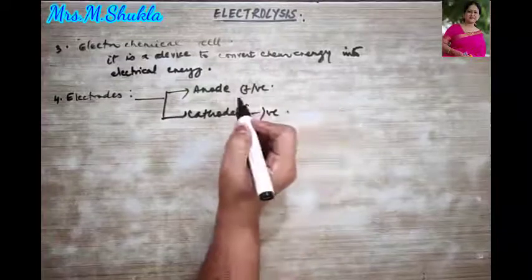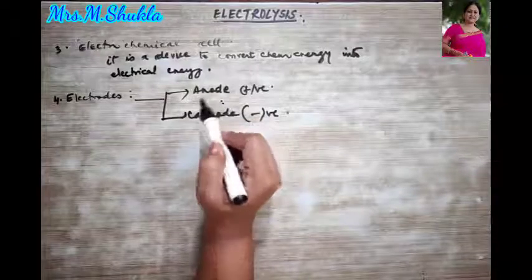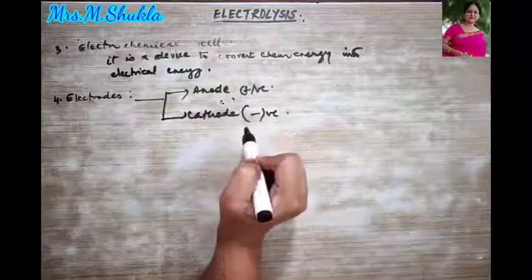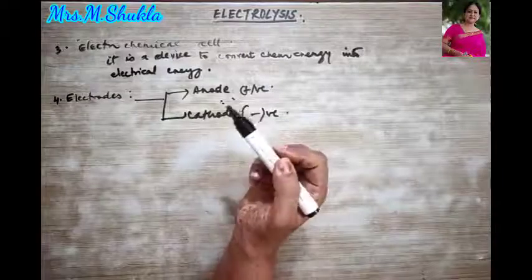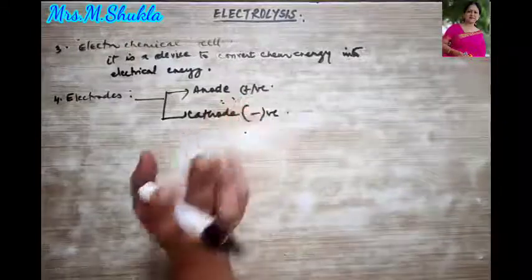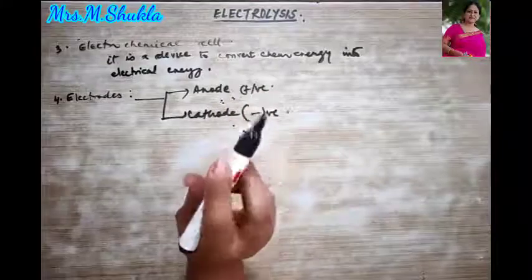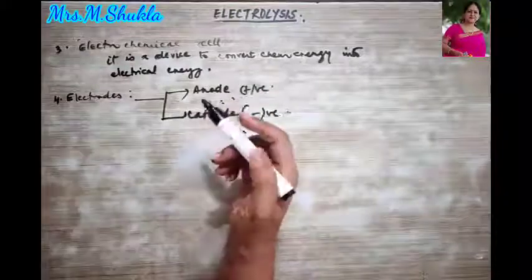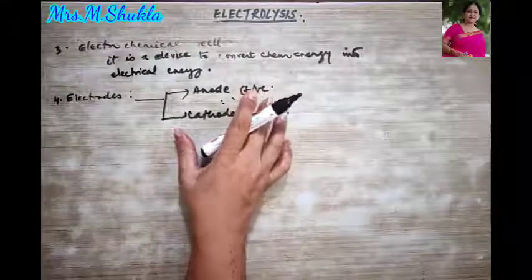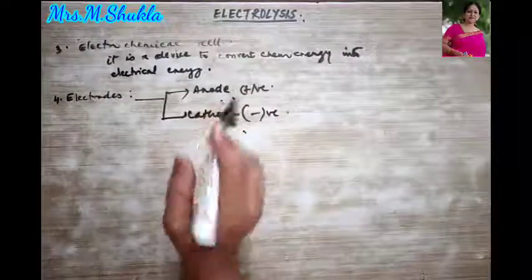The electrode connected to the positive terminal of the battery is termed the anode, and the electrode connected to the negative terminal of the battery is called the cathode. So when the current is turned on, the cathode becomes the negative electrode by which the electrons enter the electrolyte, and the anode becomes the positive electrode by which the electrons leave the electrolyte.